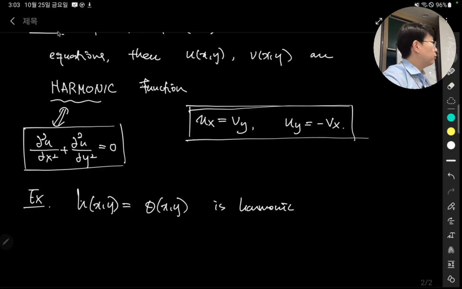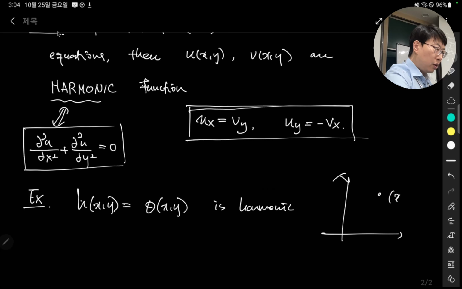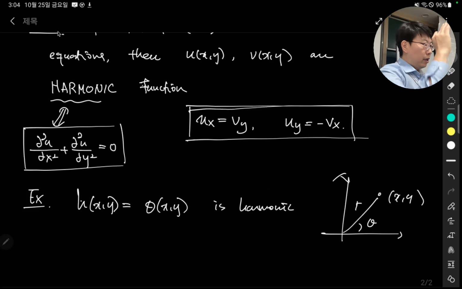So what is theta(x, y)? Theta is the angle, one of the polar coordinates of x and y. When you have x and y right here, this is r, and this is theta. Here we are assuming that x and y lie in the upper plane, so we're not interested in angles bigger than pi. We only think about angles between 0 and pi.